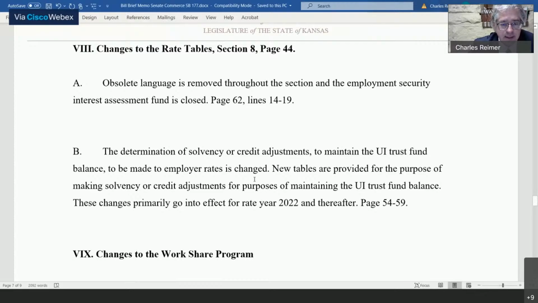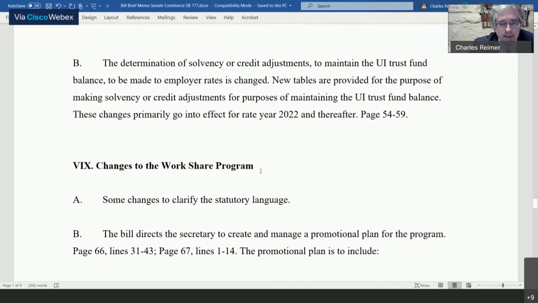I will just note that obsolete language is removed throughout the section that deals with the rate table, so there's a lot of lines crossed out. We're removing some obsolete tables and other provisions. There's a fund that is closed. The Employment Security Interest Assessment Fund is closed. And then there are also new tables that are provided, as I mentioned.